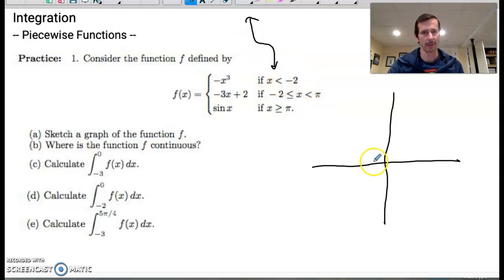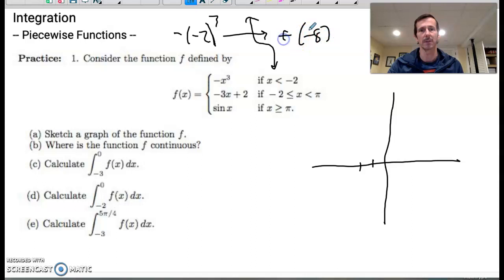So when I put in -2 into here, I would get negative times -2 cubed, and -2 cubed is -8, so that would give me a negative times a -8, which is a +8. So way up here at 8, and I'm not going to make the most accurate graph, so that would be an 8. At -2, I'd have a dot up there.